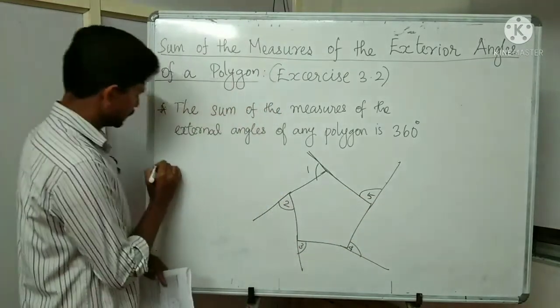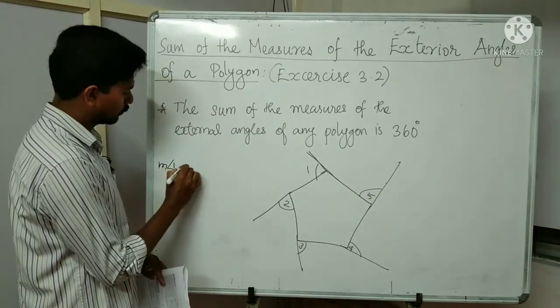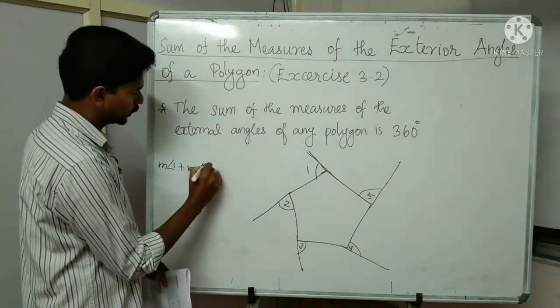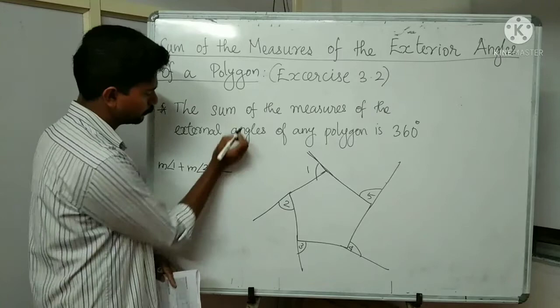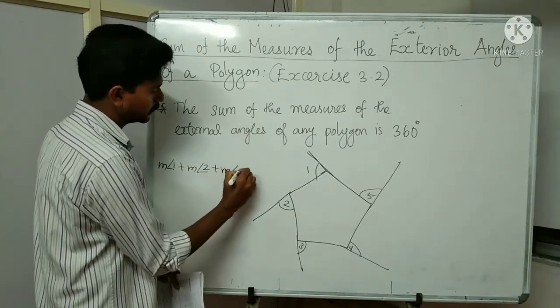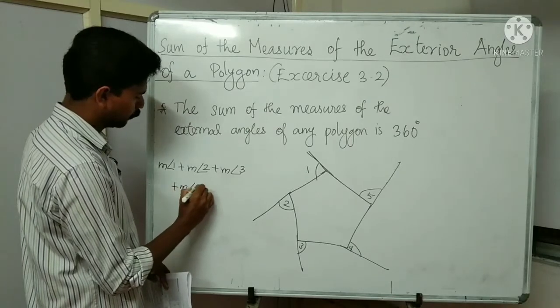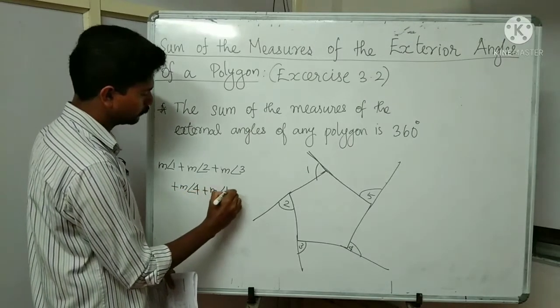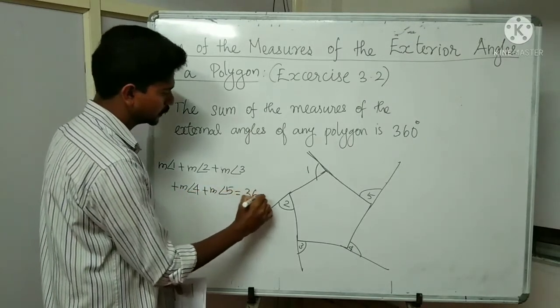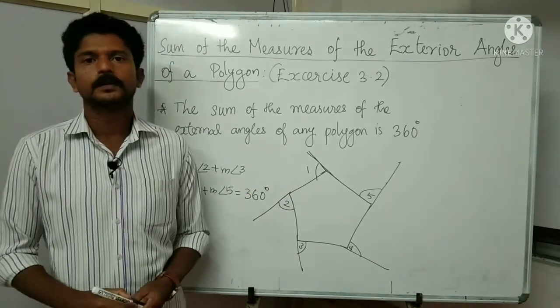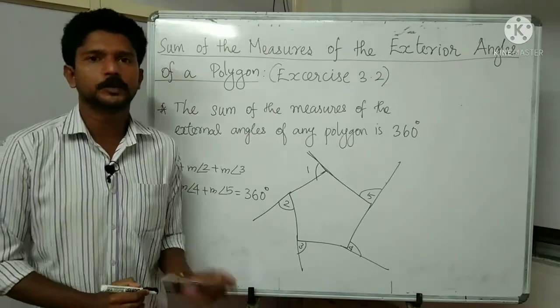Which means that the measure of angle 1 plus angle 2 plus angle 3 plus angle 4 plus angle 5 is equal to 360 degrees. Let us see one problem based on it.